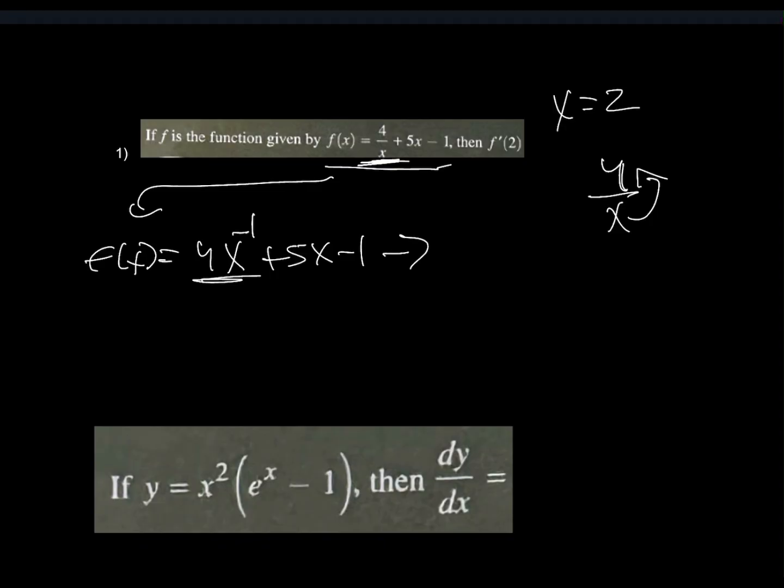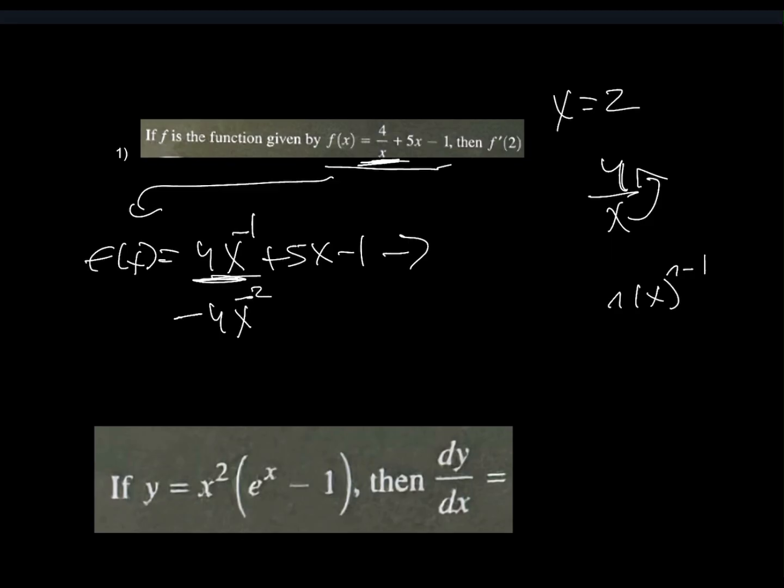I don't know if you guys remember, but the power rule is n times x to the n minus 1. In this case, our n for the first term is going to be negative 1. And yeah, let's go ahead and begin. So the derivative of 4x to the negative 1 is going to be negative 4x to the negative 2.